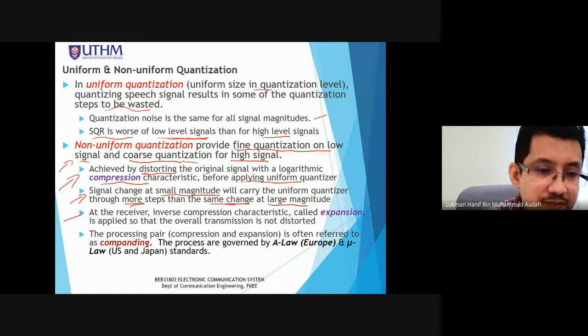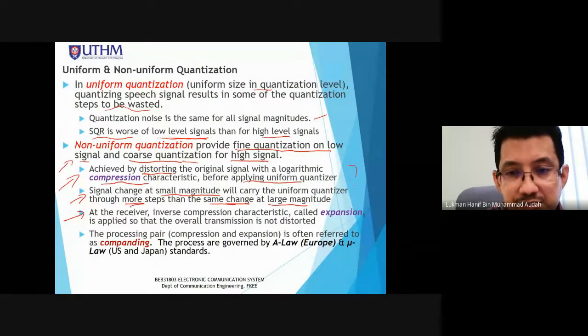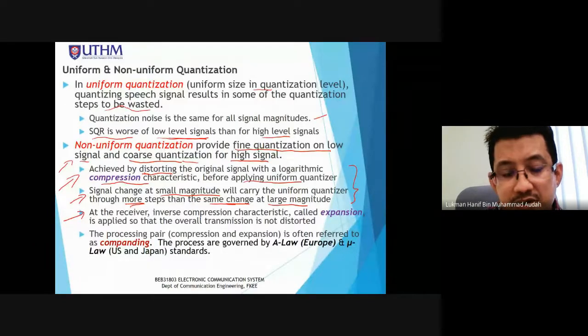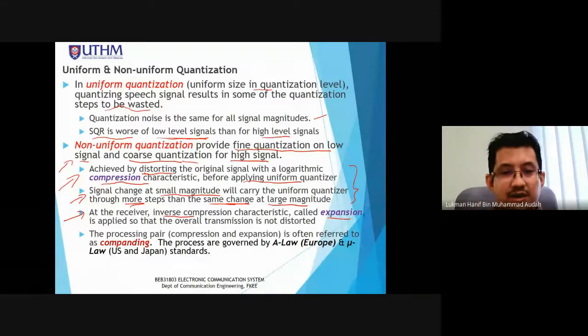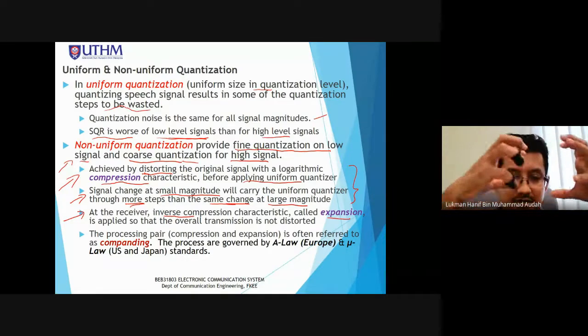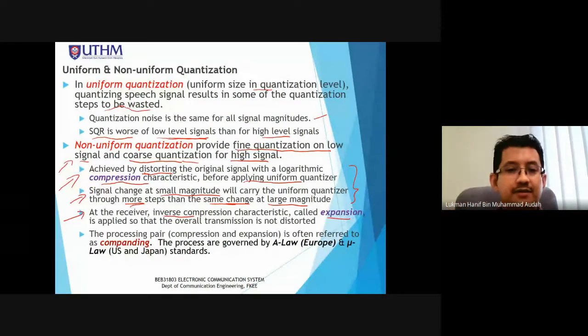At the receiver, ini dekat transmitter. At the receiver, inverse compression characteristic called the expansion. Expansion ni macam you kembangkan balik, as if you pull it, you expand.